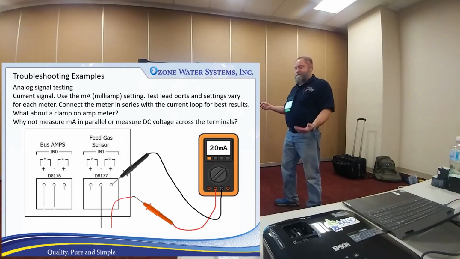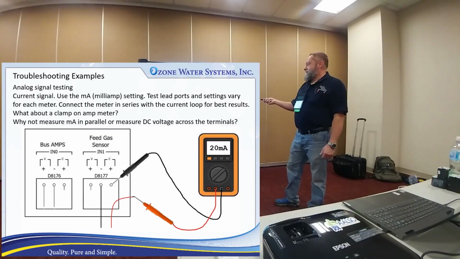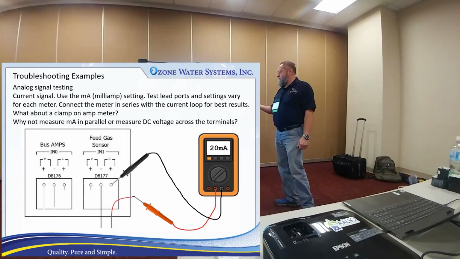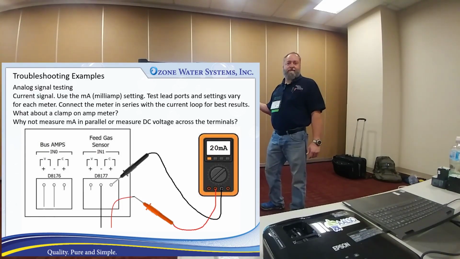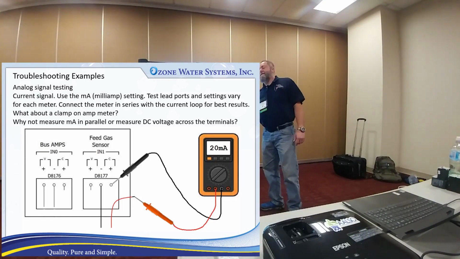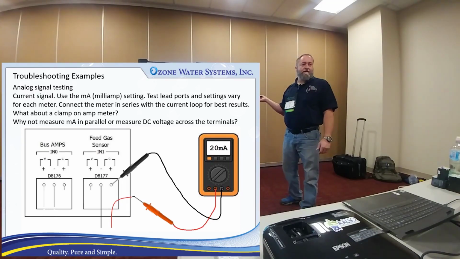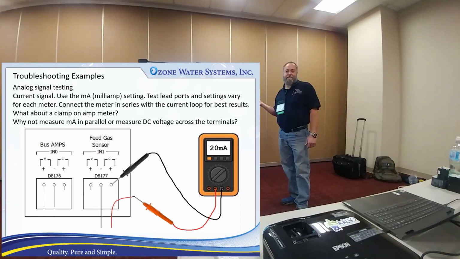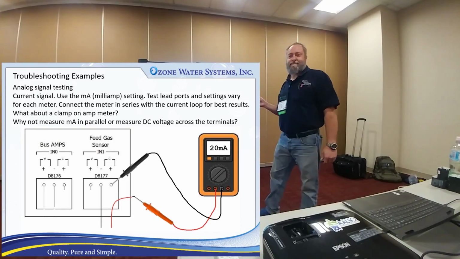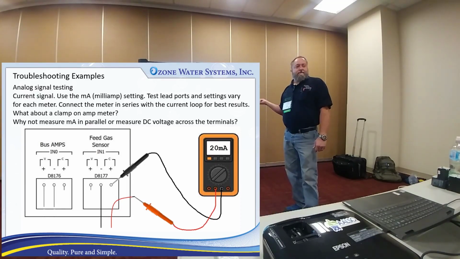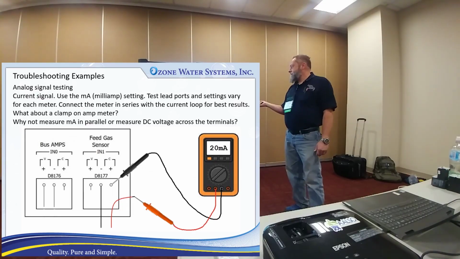For example, if you know Ohm's law, this 250 ohm resistance of this loop, if I put my DC voltmeter across that, if I'm running at 20 milliamps and I got a 250 ohm load, anybody know what voltage that is? 250 ohms at 20 milliamps. It's going to be 5 volts. So I'll see 5 volts DC across that as a voltage drop.